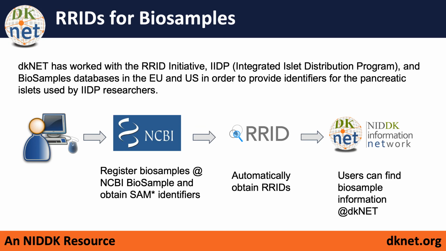We coordinated meetings with the biosamples databases in the EU and US to help provide these identifiers, in this initial case for pancreatic islets used by the IIDP researchers. And as new resources become available, we work with these community registries to assist in getting the RRIDs set up that can then be used within the publications themselves.